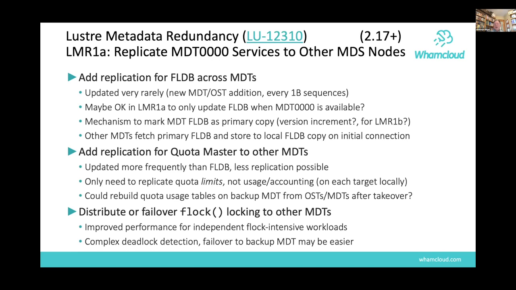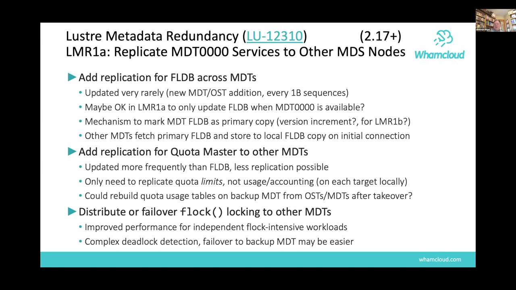So this one's a little bit more tricky because FLock has to have deadlock detection. And so it may be more tricky to split it up by FID or whatever, because you don't want to have circular deadlocks in your FLock.